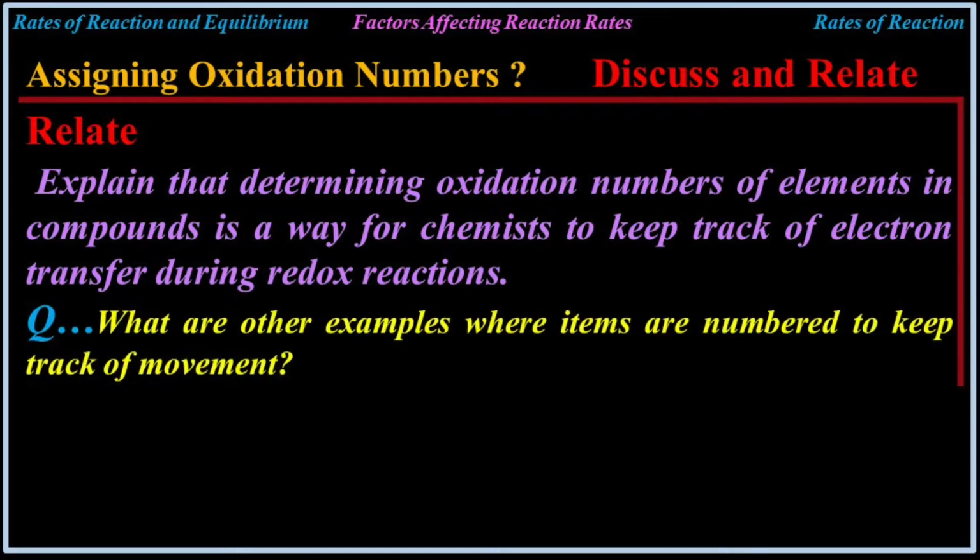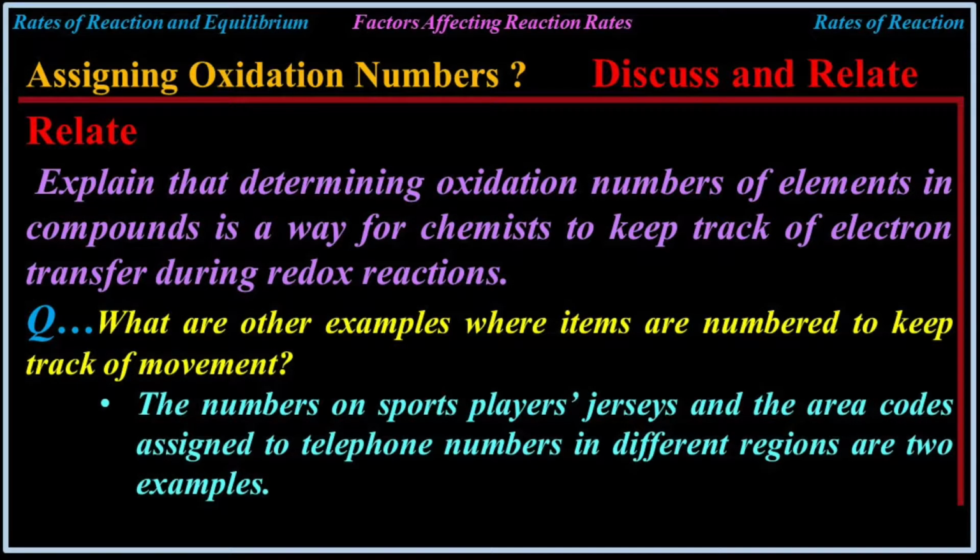What are other examples where items are numbered to keep track of movement? The numbers on sports players' jerseys and the area codes assigned to telephone numbers in different regions are two examples. Excellent.